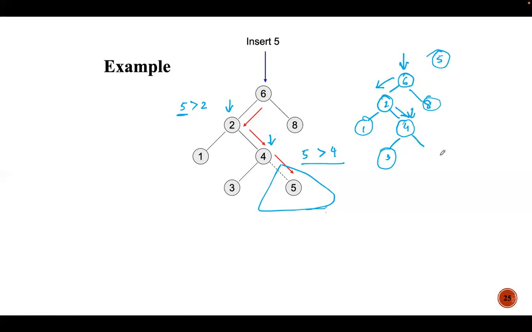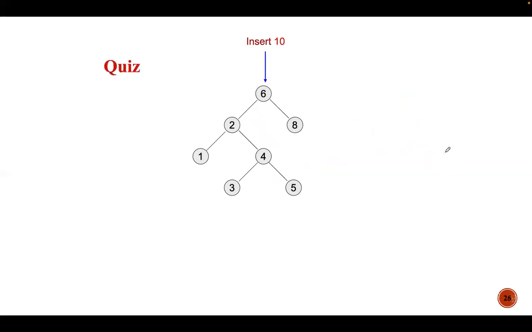Now 4 doesn't have any right child, so that means I can insert 5 as the right child of 4. That's why the tree stays a binary search tree, and I am inserting 5 as a leaf node. Okay, so let's see one more example.